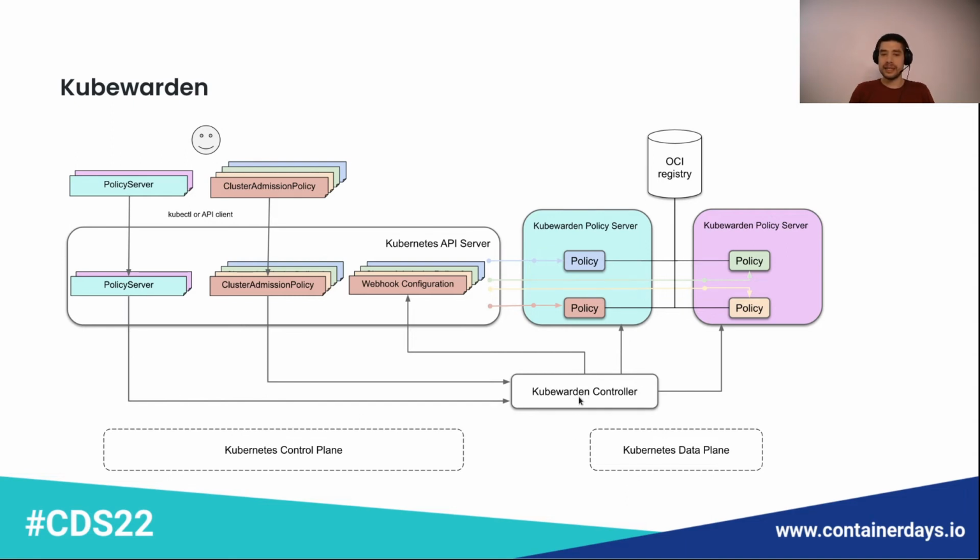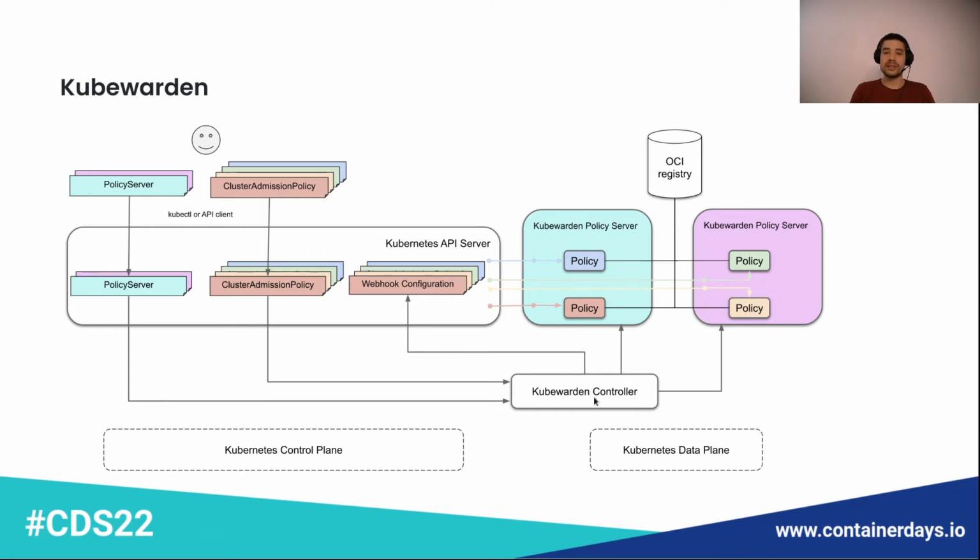And it will be in charge of creating the HTTPS server. We create a deployment and the service, with different replicas if we want to achieve high availability. Then it will instantiate each policy in the policy server, and it will provide an endpoint inside of the policy server for each policy.